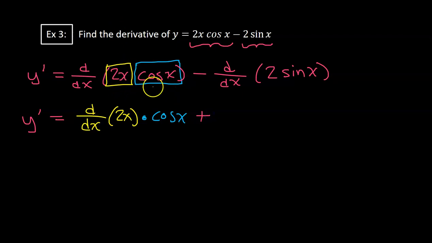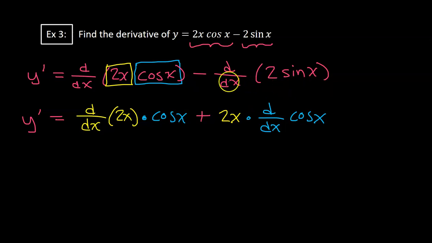this time we're going to take the derivative of the cosine part. So we're going to leave the 2x alone. And we're going to do the derivative of the cosine part. All right, so everything I just wrote so far, that was the product rule.